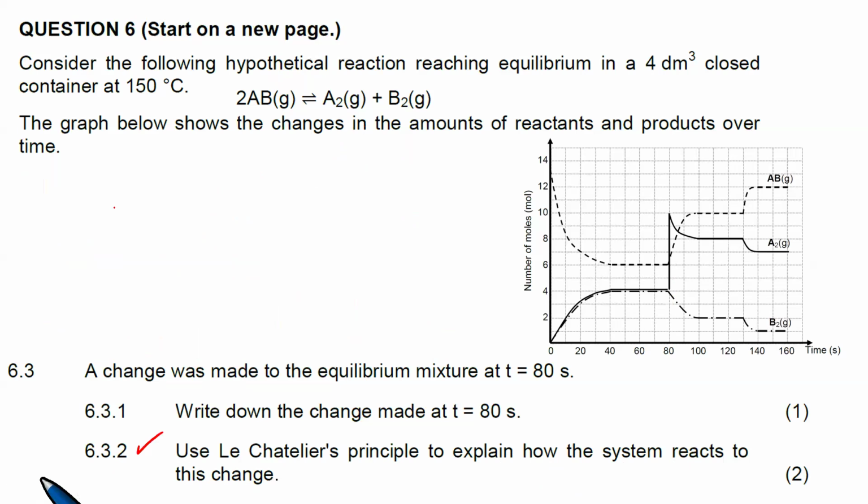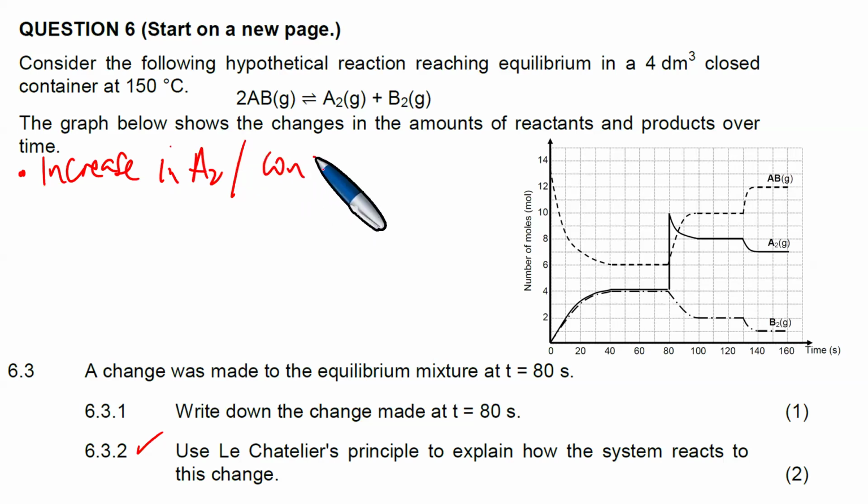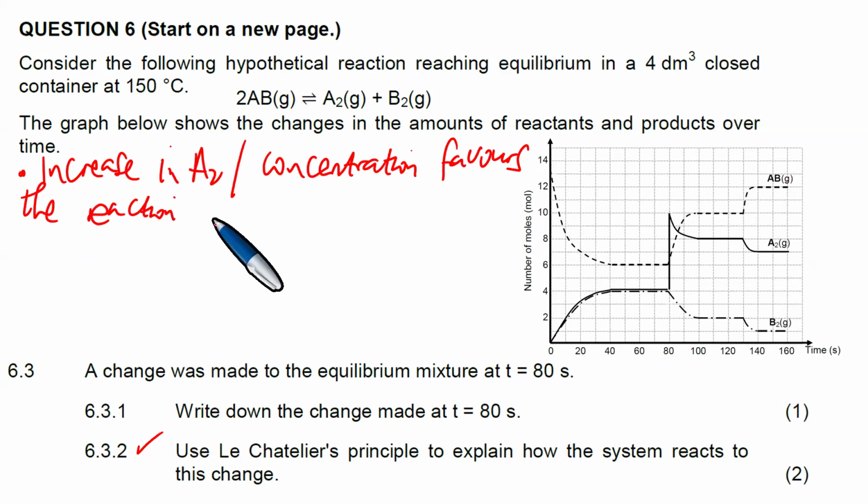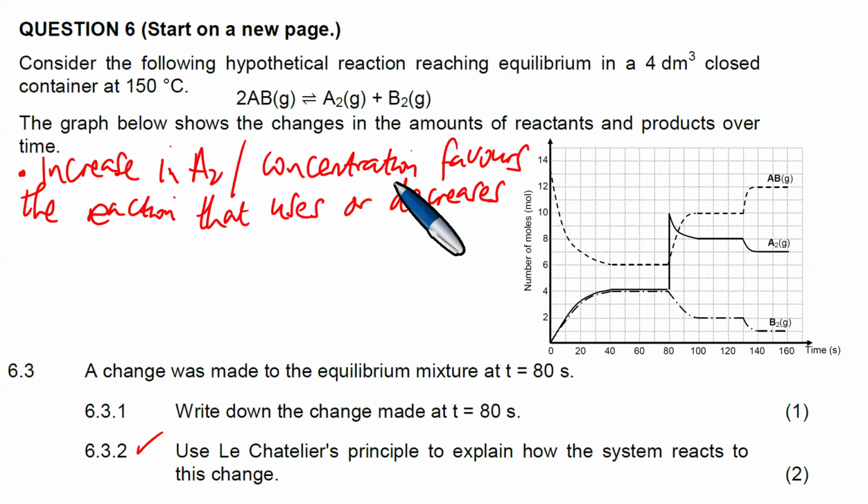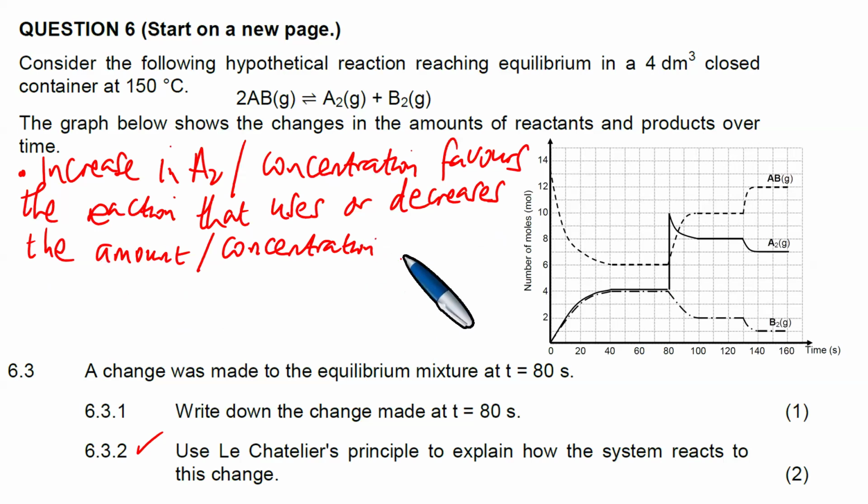In 6.3.2, the first thing is to say an increase in A2 concentration favors the reaction that uses or decreases the amount or concentration of A2.